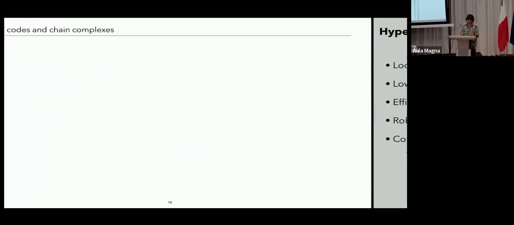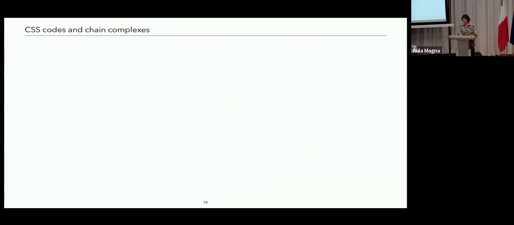So let's suppose that you have a good code that has n physical qubits, and you fix a k.